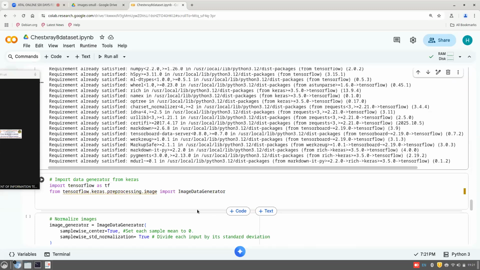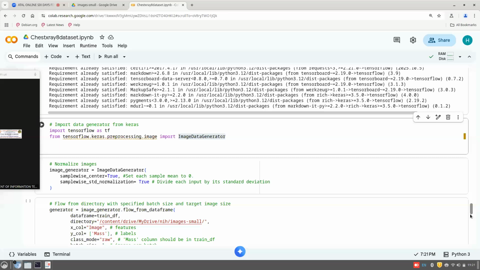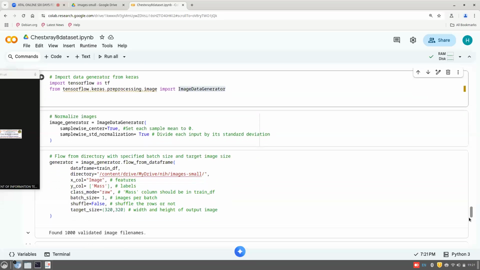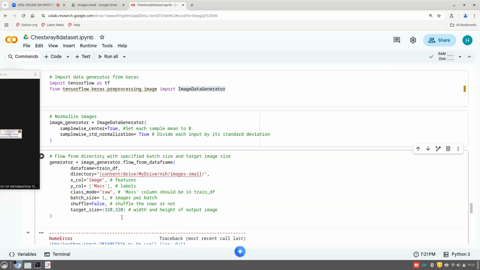In TensorFlow, you can import the image data by using the image data generator function, and here I am using that function to load all those images using TensorFlow.